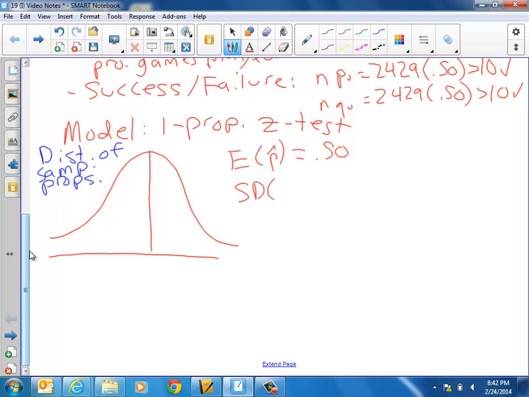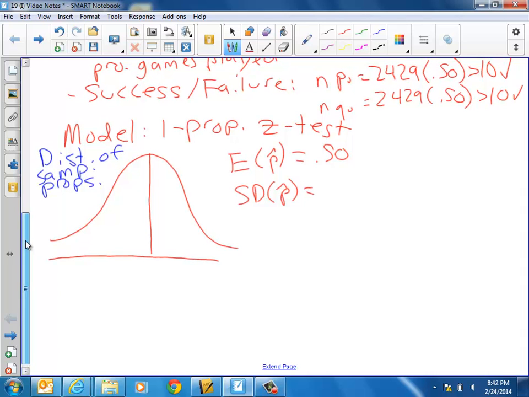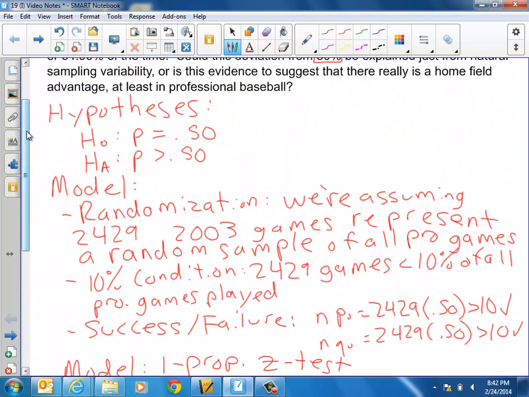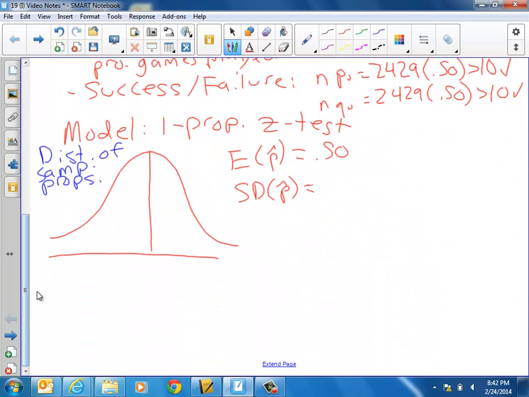The standard deviation of a sample proportion, because we are, notice we're working with p here, not p hat. So it is standard deviation, not standard error. Standard deviation of p hat is equal to the square root of, we'll write p naught q naught over n.